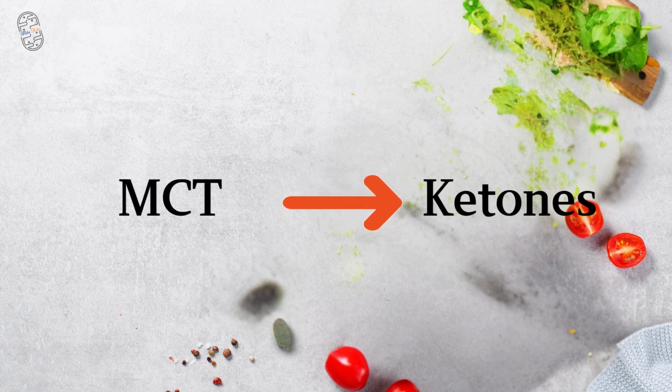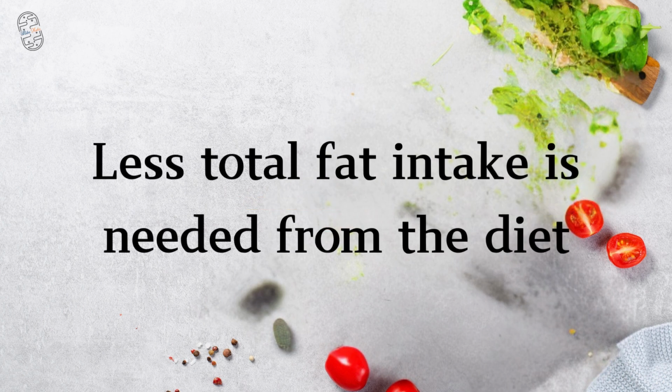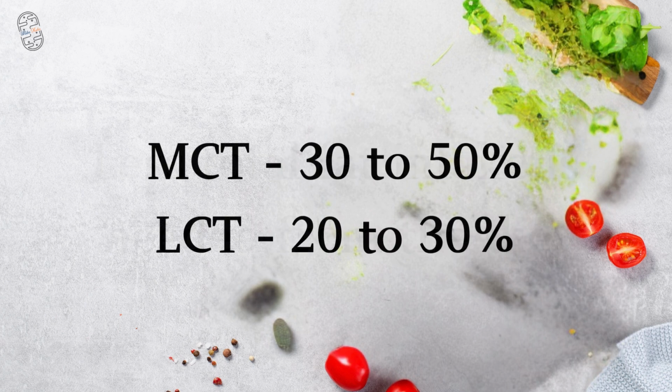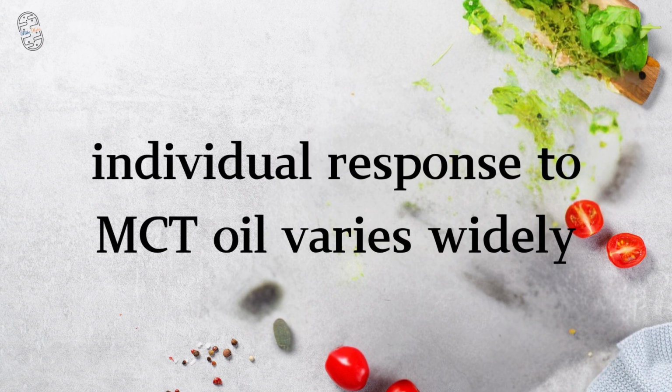This means that less total fat is needed. Typically, medium-chain fatty acids provide 30 to 50% of total calories, and long-chain fatty acids make up another 20 to 30%. However, this percentage needs to be adjusted up and down, as individual response to MCT oil varies widely.